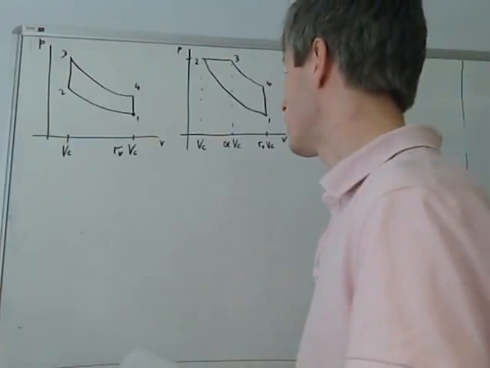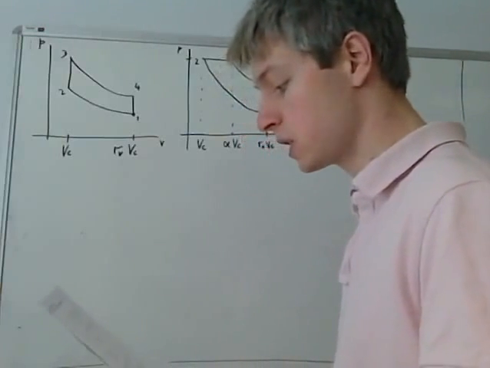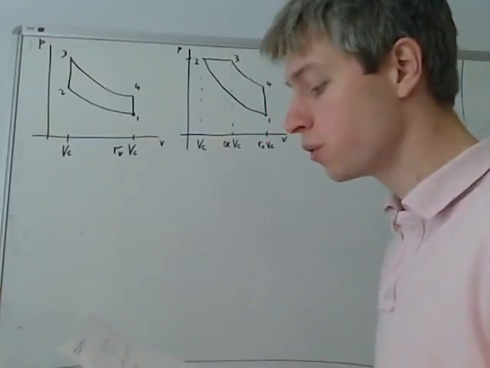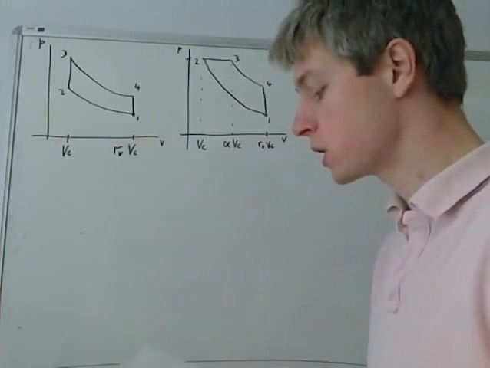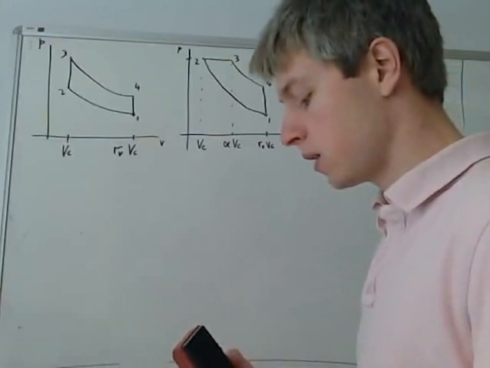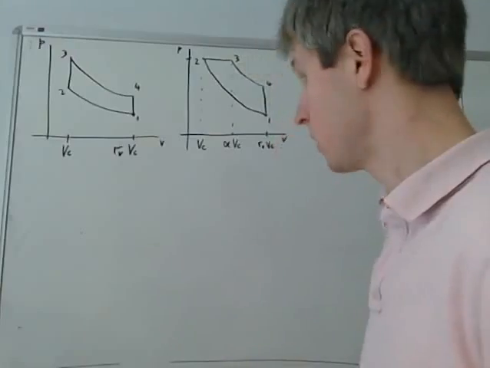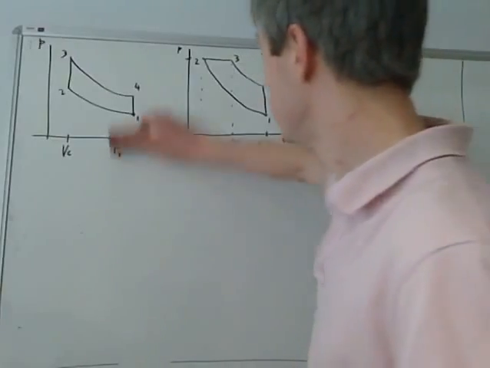Okay, so we need to go through a similar process to the previous cycle in order to calculate the efficiency. So write out the equation for a general expression for the thermal efficiency and think about how you can get it, and then we'll go through it.